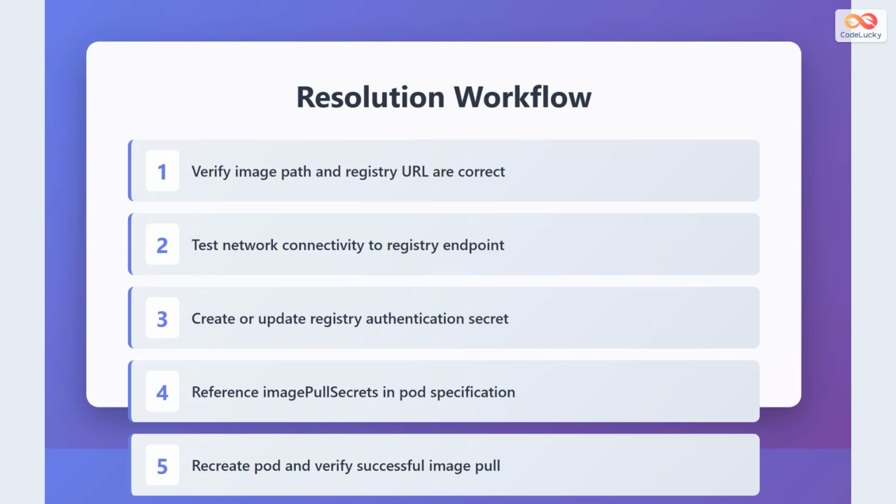Step 4. Reference the imagePullSecrets in your pod specification, making sure it's in the correct namespace. Step 5. Recreate the pod to trigger a fresh image pull attempt, then verify success by checking the pod status and events. Following these steps systematically will resolve most registry-related imagePullBackOff errors.